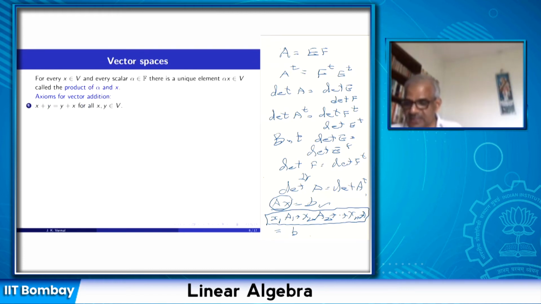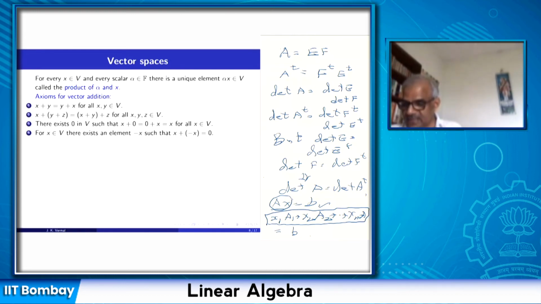First is that vector addition is commutative. The second is that vector addition is associative. Then there is a 0 element for addition of vectors: x plus 0 equals 0 plus x equals x for all x. The fourth axiom says that for every x, there is a negative of x, so that when you add the negative of x to x, I get the 0 vector.